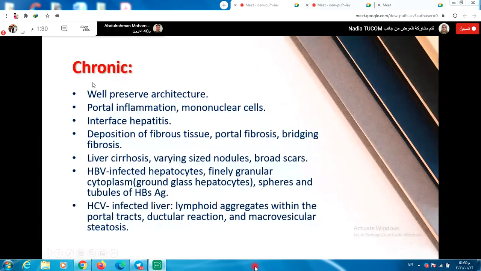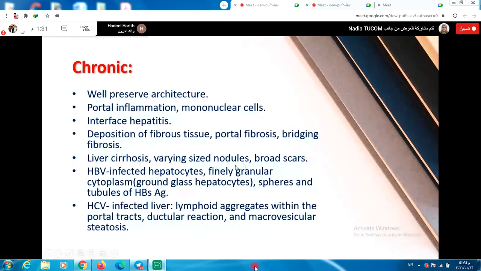The chronic features are well-preserved architecture, portal inflammation with mononuclear infiltration, lymphocytes and plasma cells, interface hepatitis, seen in the previous lecture, spilling of hepatocytes from the portal tract into the adjacent periportal area, and deposition of fibrous tissue in the portal tract, between portal and central vein, bridging fibrosis and bridging portal fibrosis.